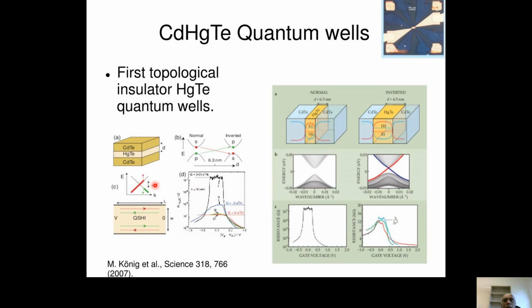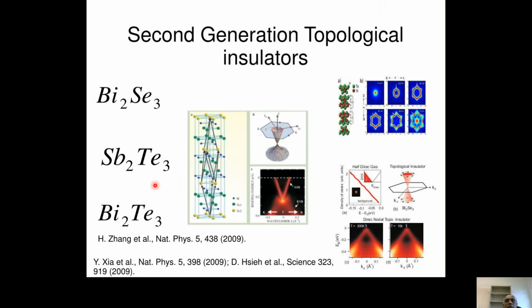That's the first kind of topological insulator, cadmium mercury telluride. Then they found something called the second generation topological insulators, coming from bismuth selenide, antimony telluride, bismuth telluride. This is more like group 5 and chalcogenide groups, right?